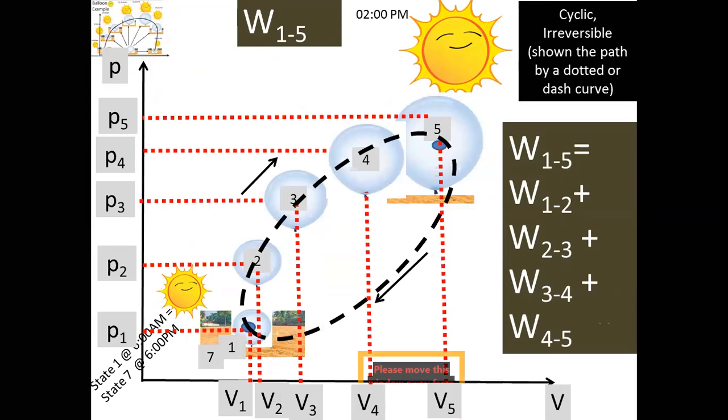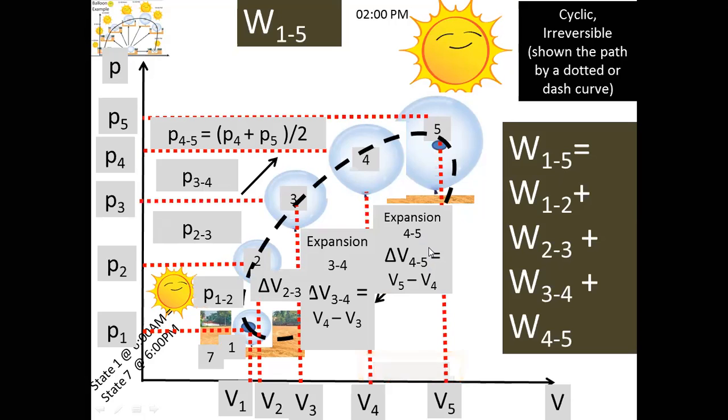So 1 to 5, and 1 to 7 process. It comes like this, a cyclic process, evaluating 1 to 5 as segments: 1 to 2, 2 to 3, 3 to 4, and 4 to 5.